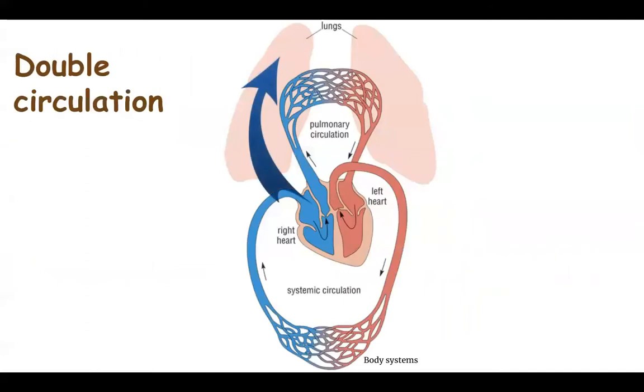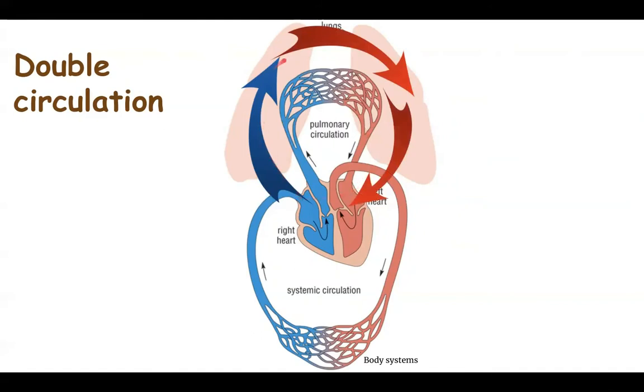Now, then there is this concept of double circulation. The blood comes to your heart two times. The blood goes from the right ventricle to the lungs for oxygenation, then comes back to the left auricle.